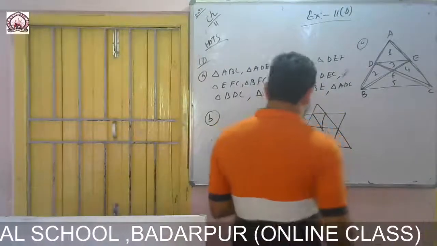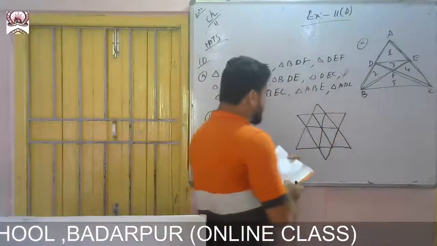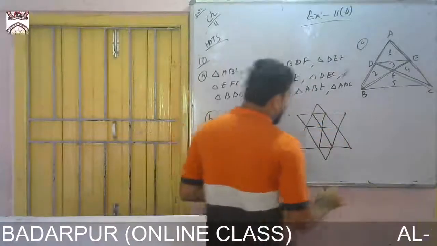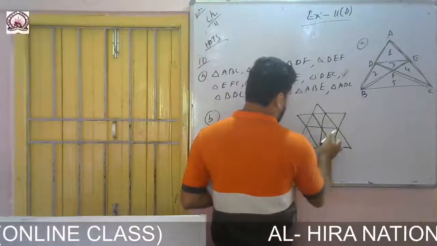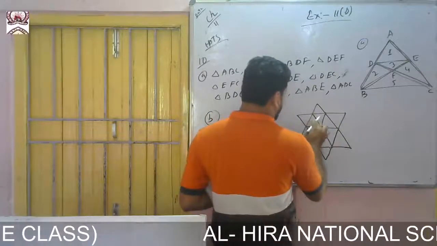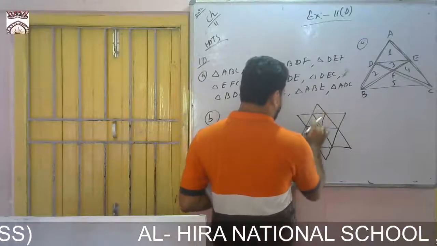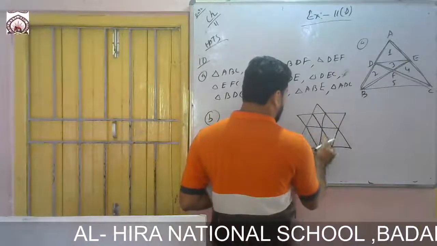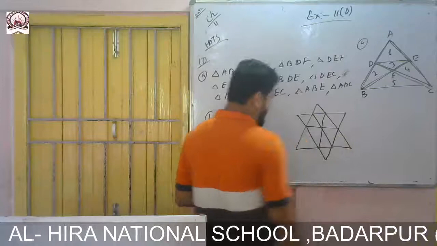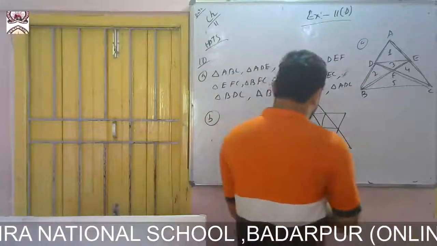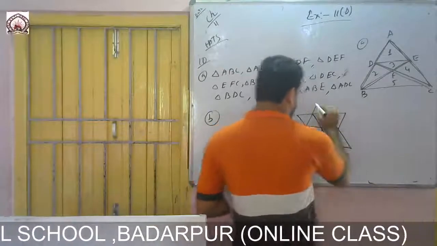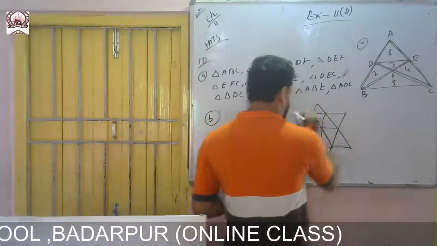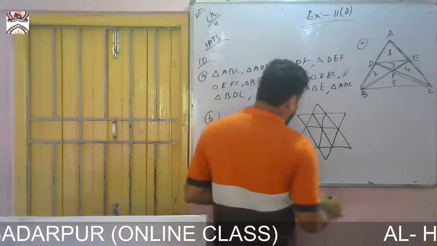So how many triangles are there? I need to see that. From this you see 1 2 3 4 5 6 7, then 1 2 3 4 5 6 7 8 9 10 11. 11, then this one 12, then this one 13.